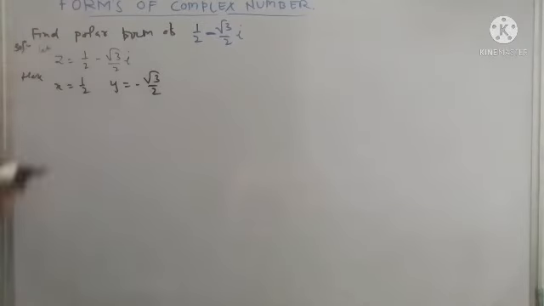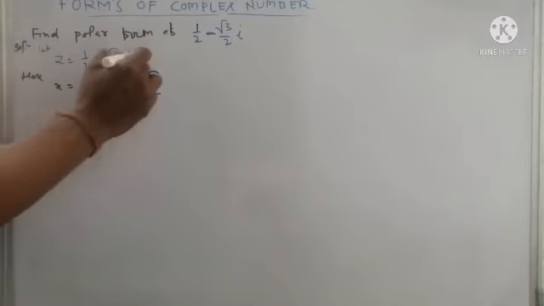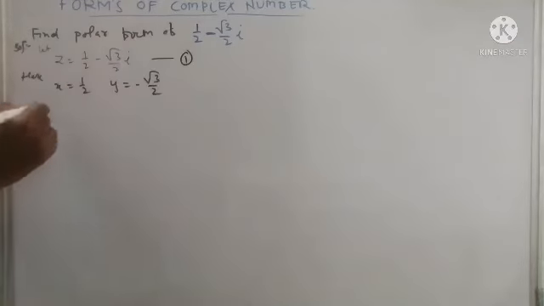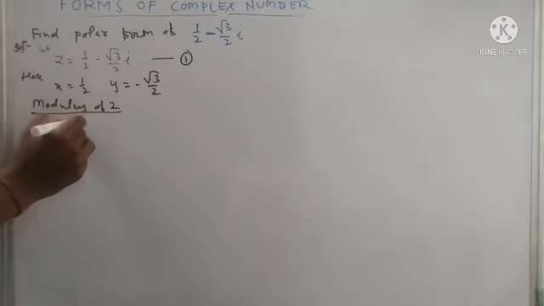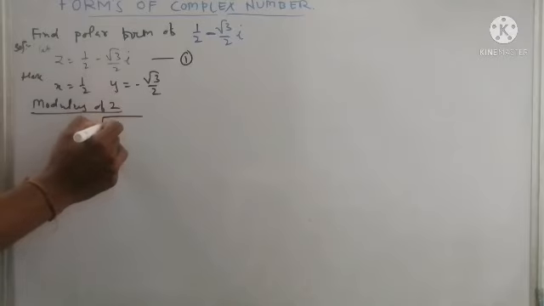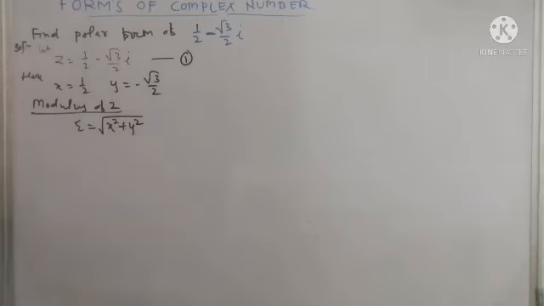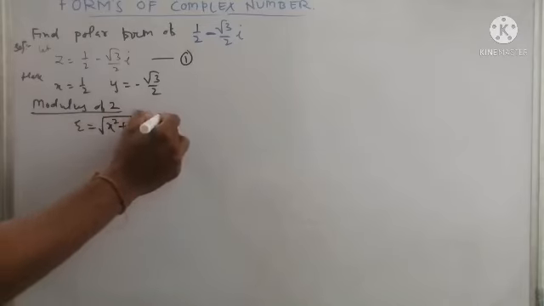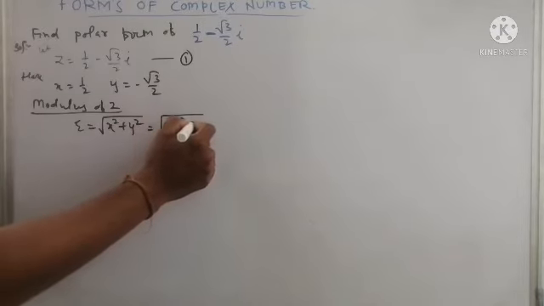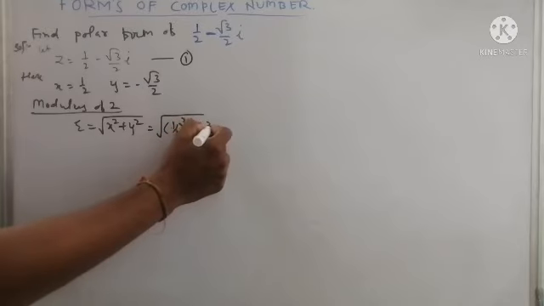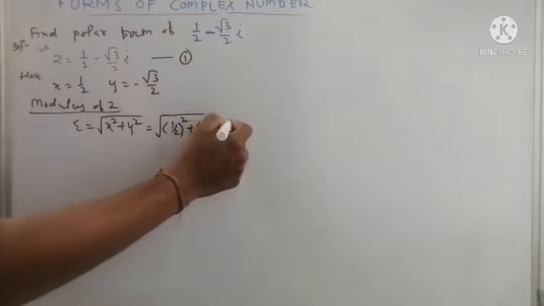Now to find the polar form we have to first evaluate the modulus and argument of the given complex number. So we first take the modulus of z. As we know, it is denoted by r, and the value of r is always the root of the square of the real part plus the square of the imaginary part. By putting the values of x and y, we get half squared as the real part square plus minus root 3 by 2 squared as the imaginary part square.